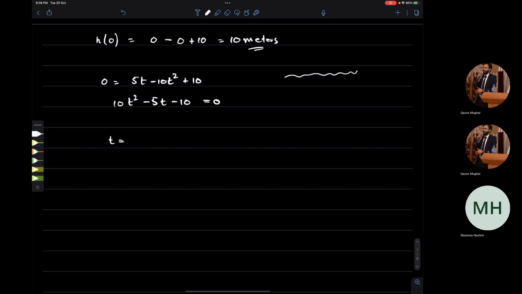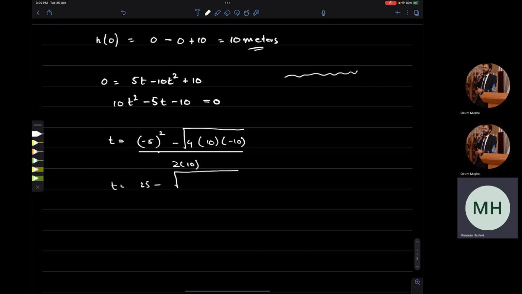So it's going to be t equals b squared minus 4ac, root of it, and then whole divided by 2a. Oh, no. Sorry, I wrote the formula wrong.